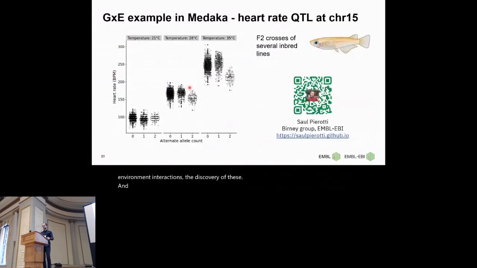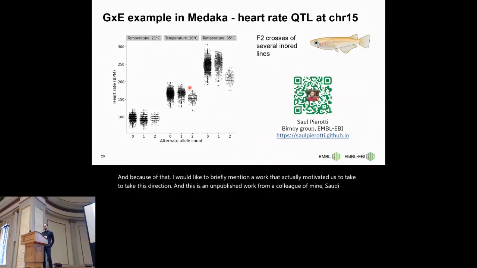Because of that, I would like to briefly mention a work that actually motivated us to take this direction. This is an unpublished work from a colleague of mine, Saul Pierotti at the European Bioinformatics Institute. Very briefly speaking, they ran genome-wide association studies on Medaka fishes, these small Japanese fish that can be inbred directly from the wild.